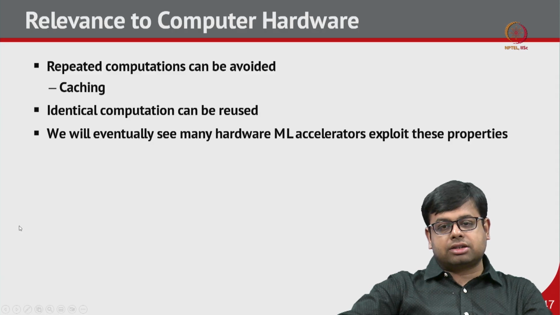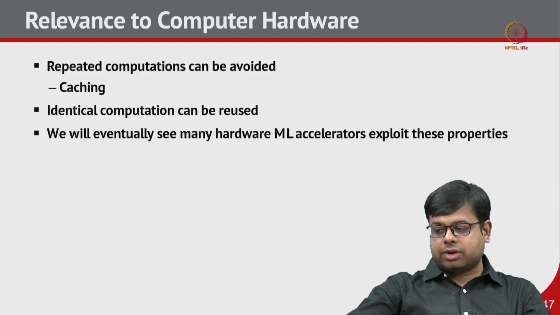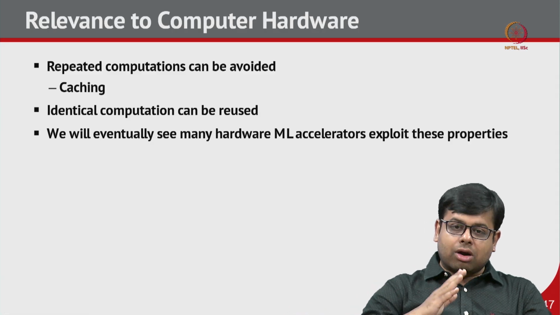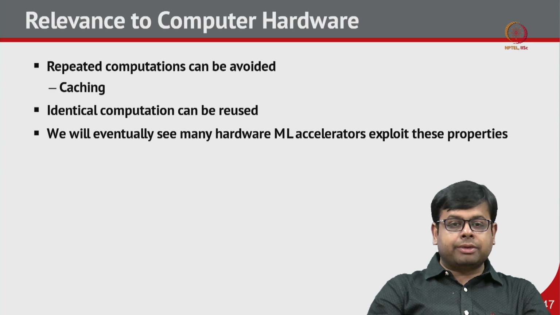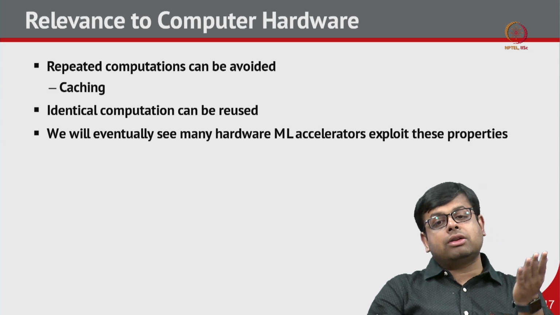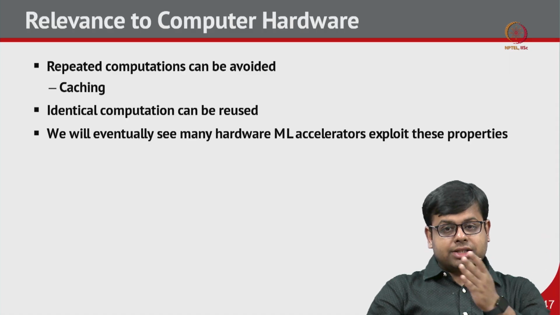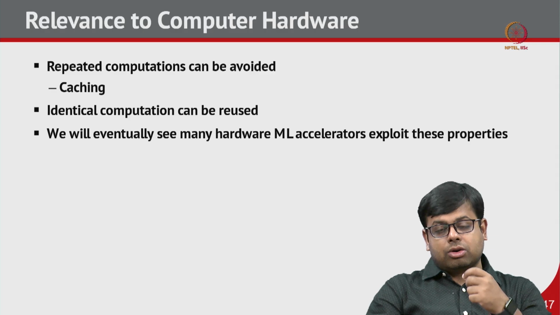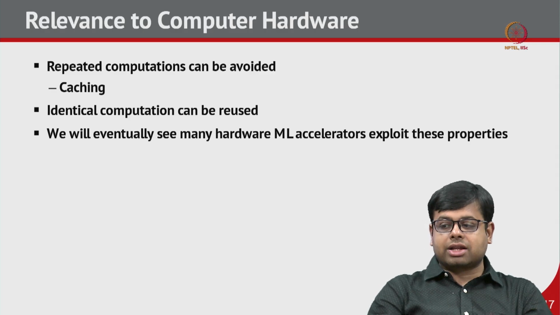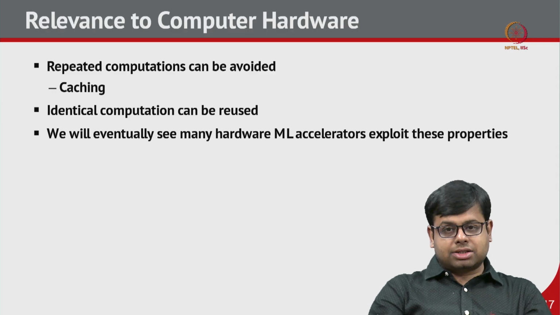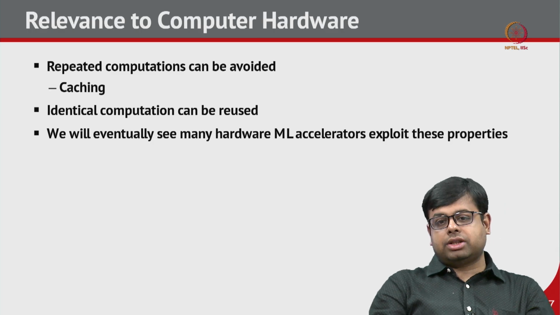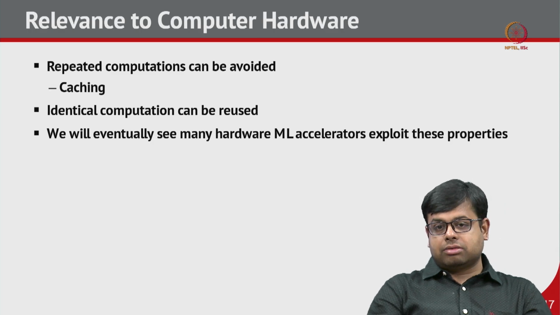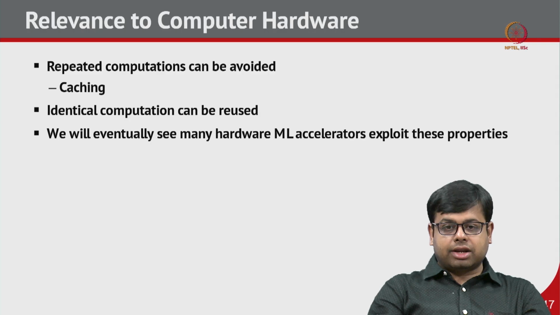As I was saying, what is the relevance of computer hardware? Remember, the course is on computer systems for machine learning. So whenever I was saying that back propagation is happening, during back propagation we need to use the activations which were used in the forward pass, or during the inference with randomly generated weights or maybe a partially trained model.